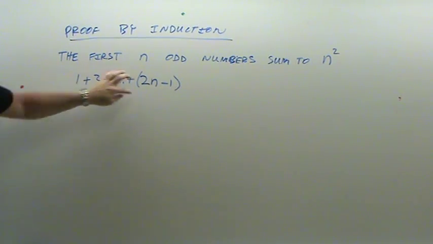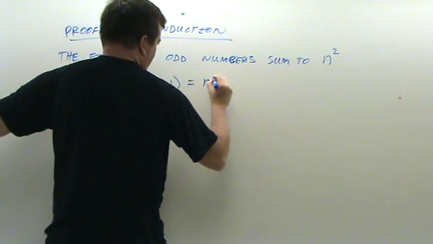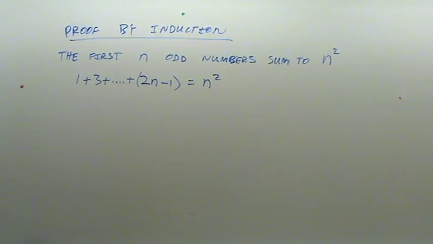So the claim is that this will equal n squared. Someone is saying that this is always true, and we see it works for small numbers, but as we go out to infinity, will it remain true?